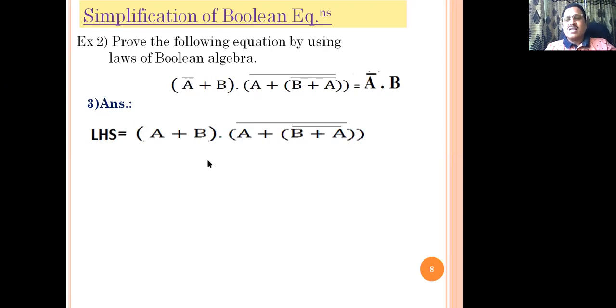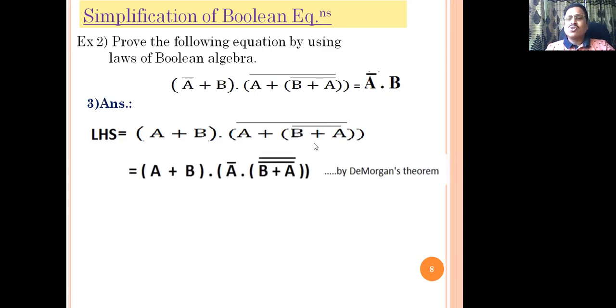Now see here, this is as a new A, this could be as a new B plus sign and there is a complement. We can use De Morgan's first theorem as complement of sum equals to product of complement. Replace plus sign with a dot and split this complete bar into two bars on first term and on second terms. So A bar and in bracket B or A bar remains there.